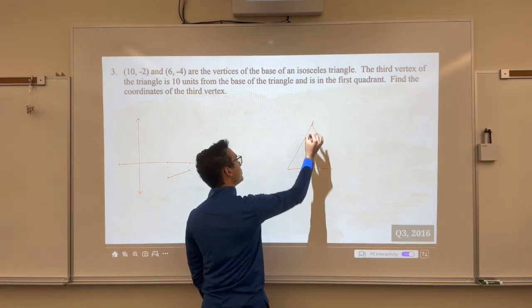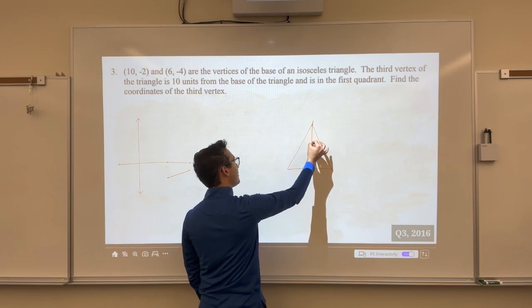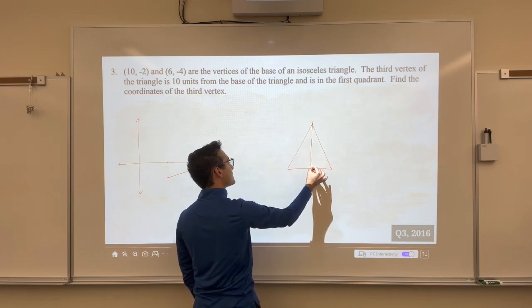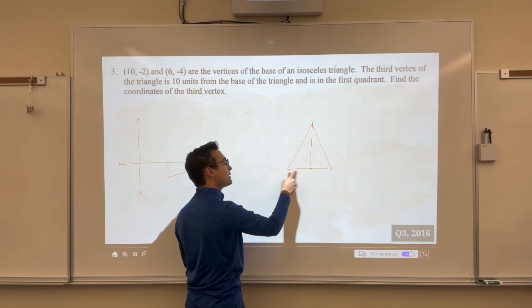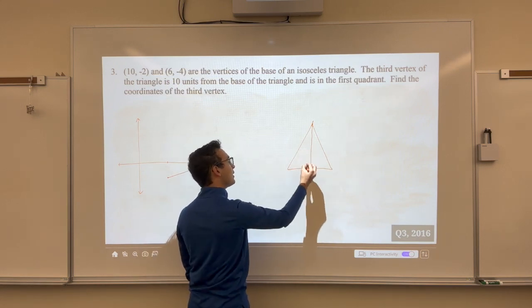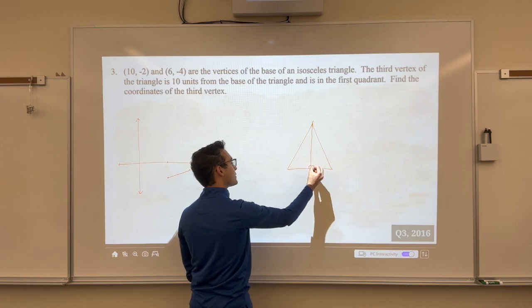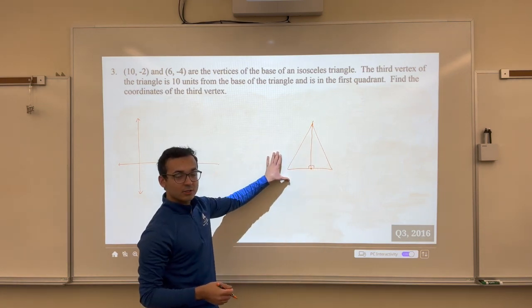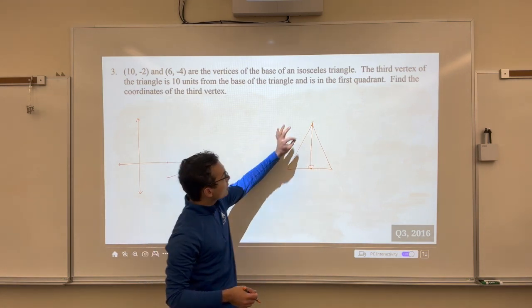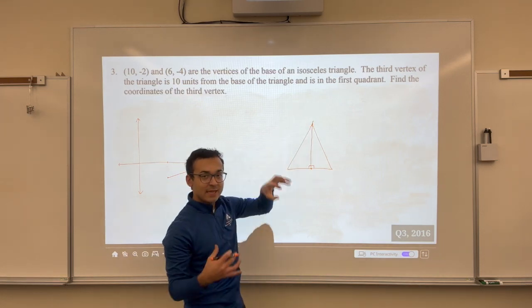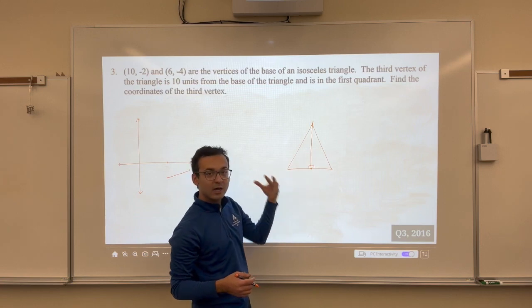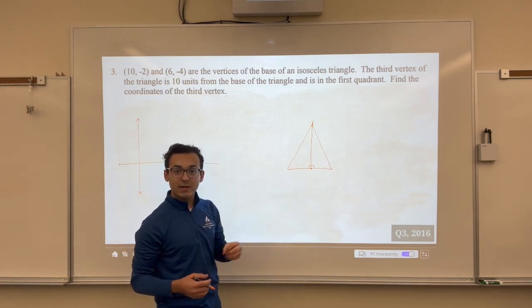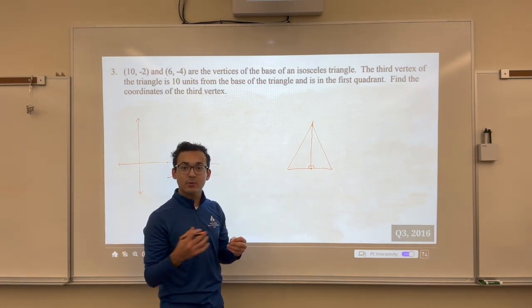What we're able to do is drop this altitude down, and when we drop this altitude down, we notice that not only is this the midpoint of the base, but it actually forms right angles. So with this knowledge of isosceles triangles, we know that the vertex lies on the same line as the perpendicular bisector of the opposite side. We can use that knowledge to our advantage in this problem.